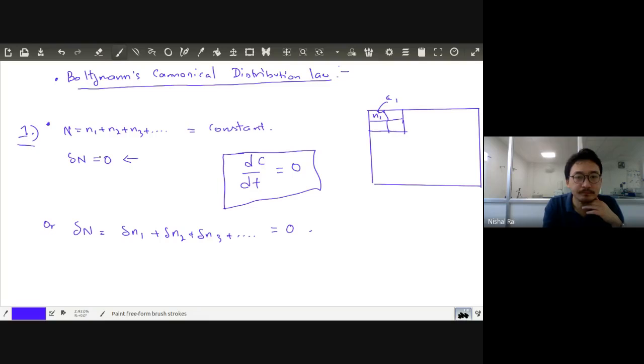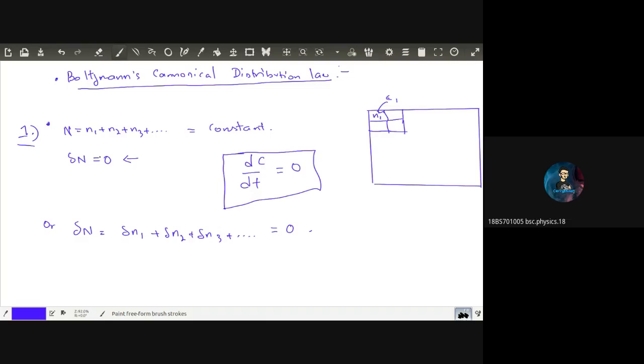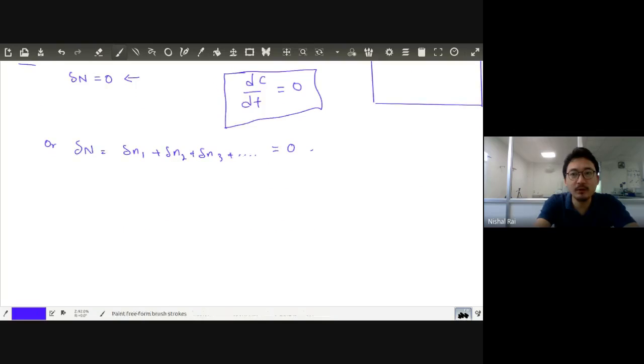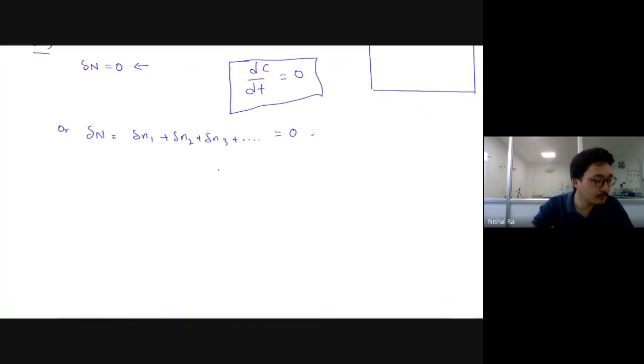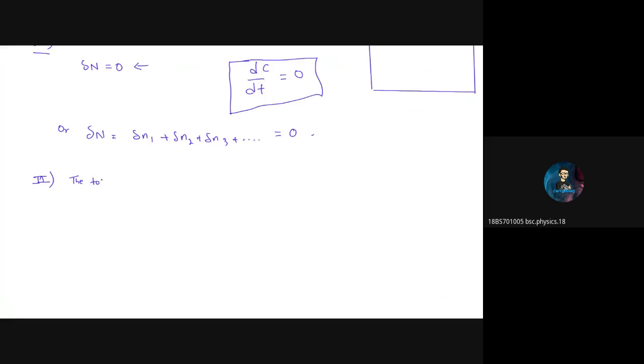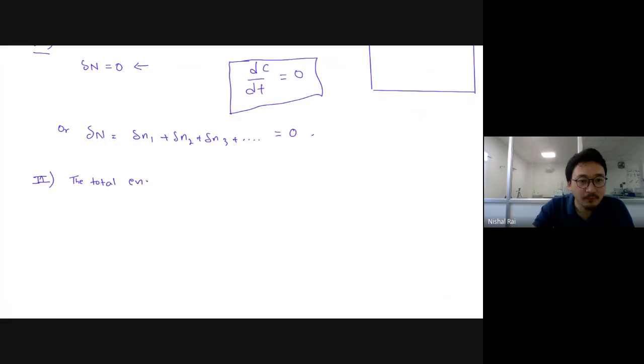Fine. Yes, sir. Now the second point is what? Your total energy is constant. We are considering a canonical ensemble, and we are considering the energy to be constant. Is this point clear or not? Is there something wrong with this? Clear, sir. No. What was the definition of this canonical ensemble?